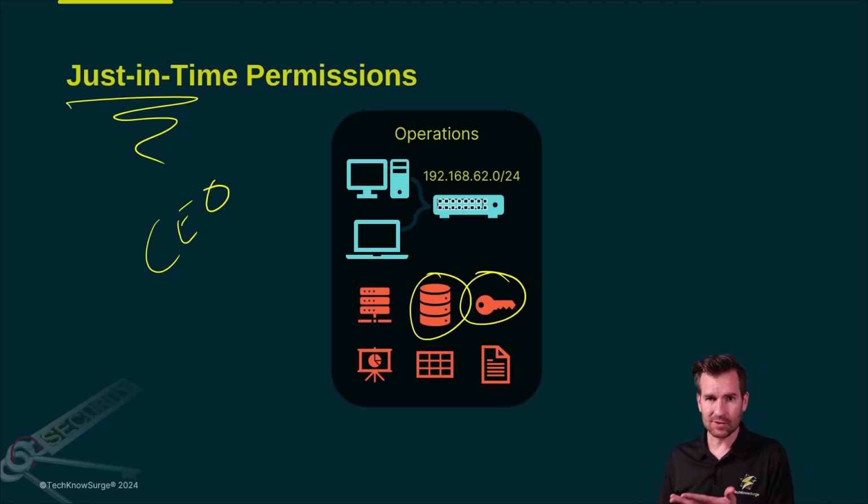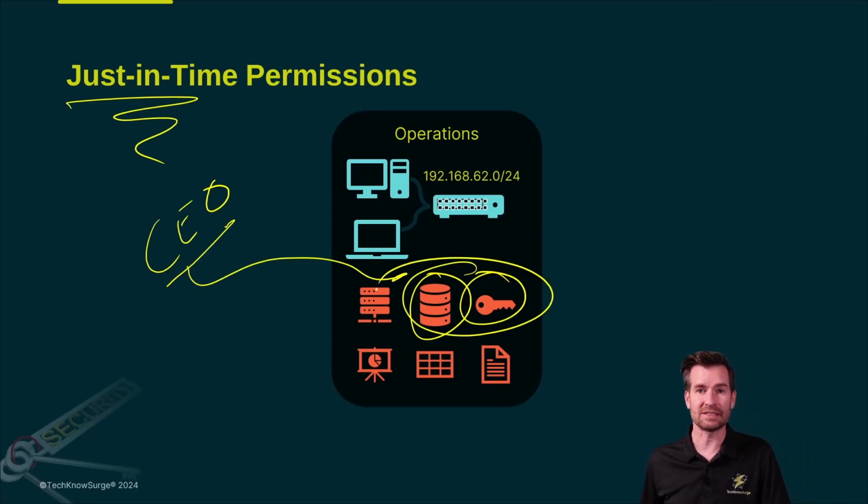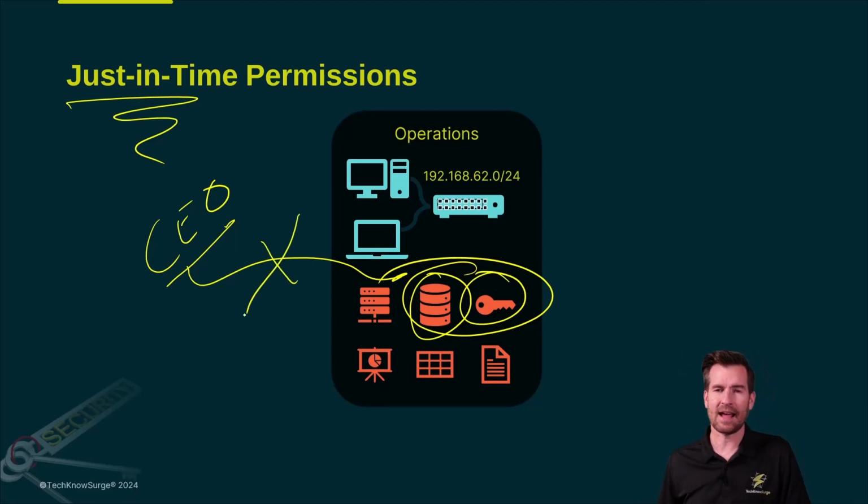They don't want to outsource it. It's something that's private that they want to be able to figure out some information. And so that CEO may gain temporary access into certain resources, pull those reports, and then we would cut that access off. So it's just-in-time permissions that we only give them permissions during the period of time that they need permissions for.